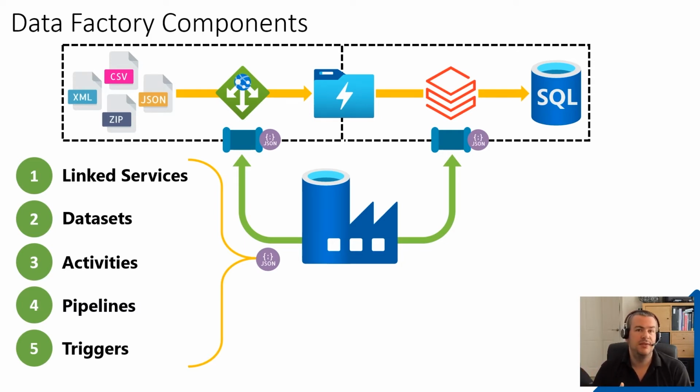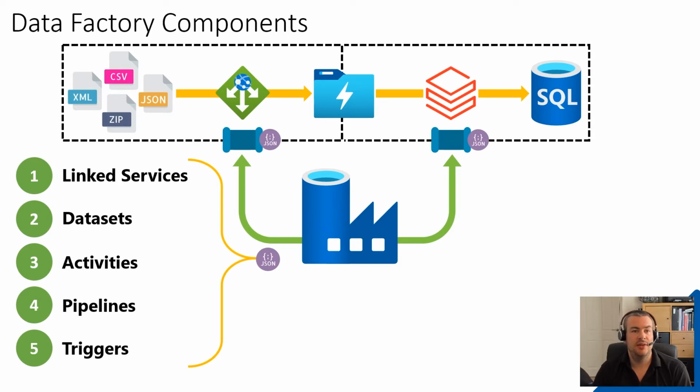Number 3, our activities. So this is information tailored specifically to the service that we're going to go and invoke. So maybe if we're calling a Databricks notebook, we will have a Databricks notebook activity, and it will also authenticate using our linked service connections as well. Then number 4, our pipelines.